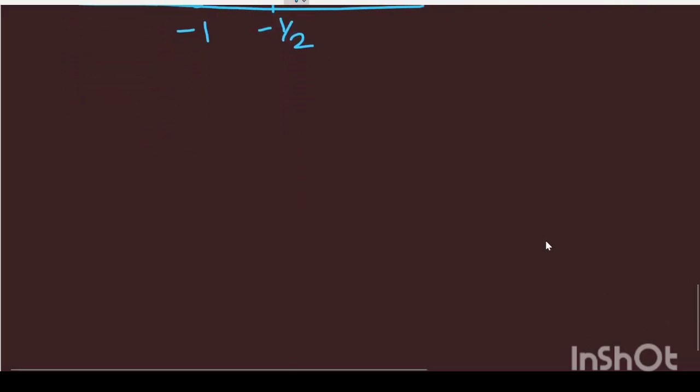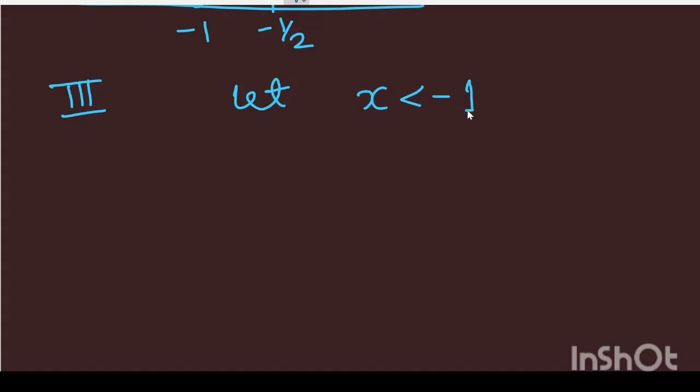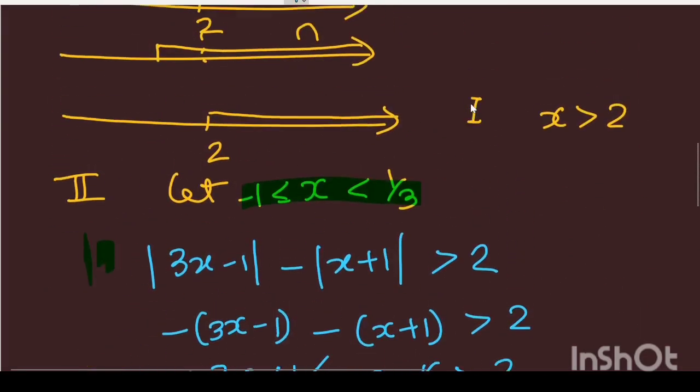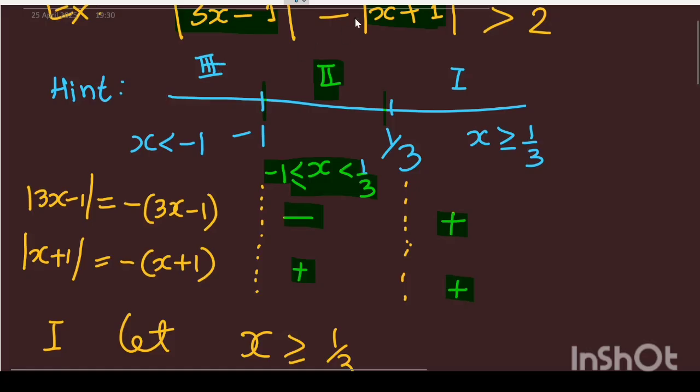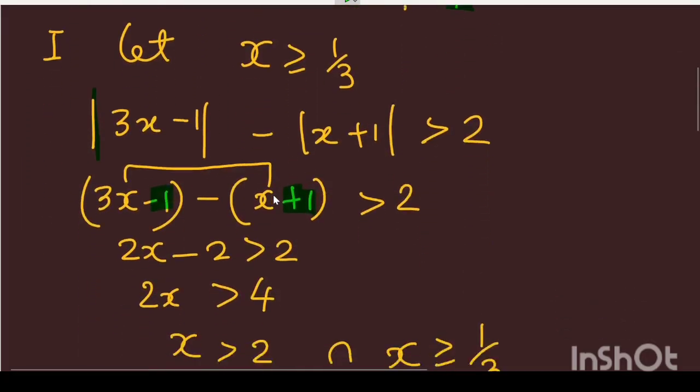Now the third case, when we assume x to be lesser than minus 1. In the third case, this mod 3x minus 1 will now be replaced by minus sign, and here also mod x plus 1 would be replaced by minus sign.